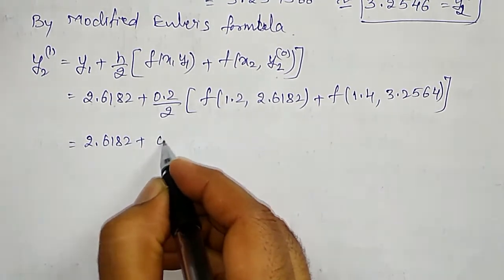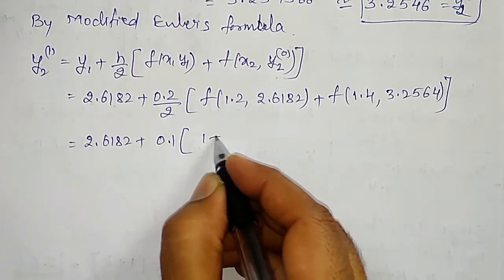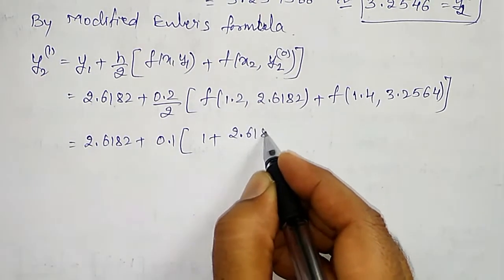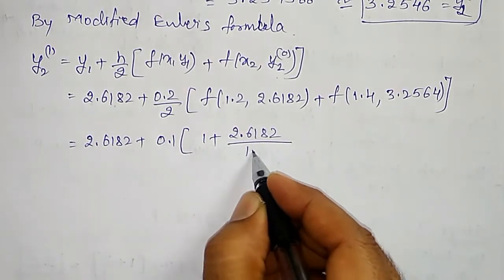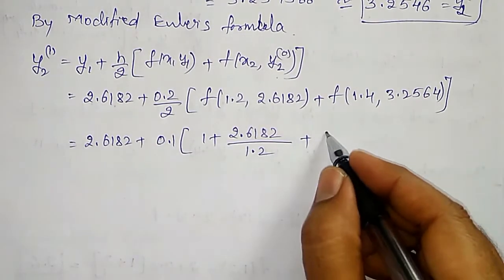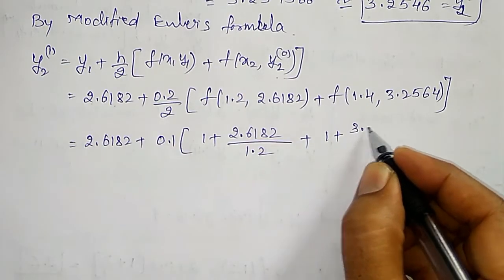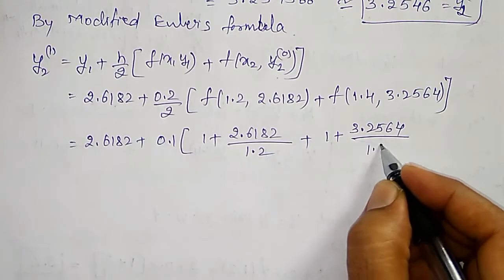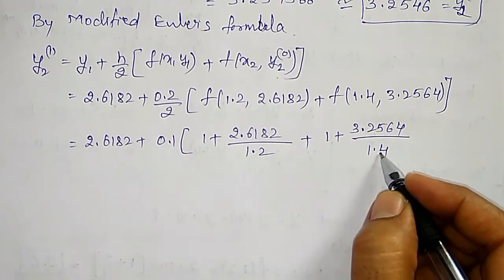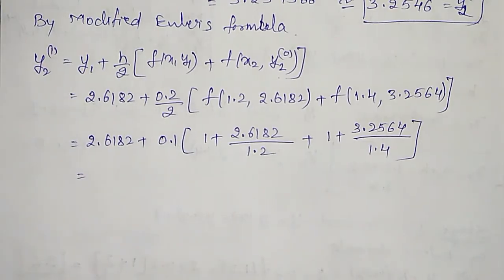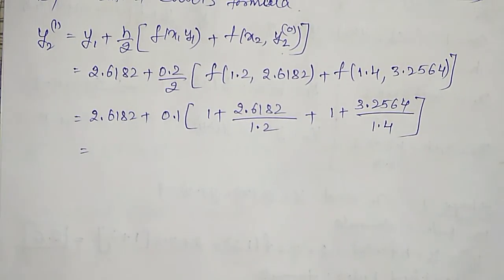That will give you 2.6182 plus 0.1 into 1 plus y divided by x. Y is 2.6182 divided by 1.2, plus, for this one also function of x and y, 1 plus 3.2564 divided by 1.4. Operate and calculate in the calculator so that you will get the required answer.